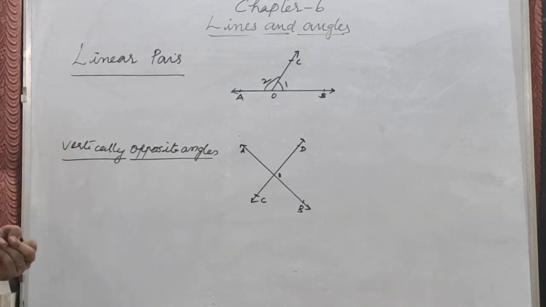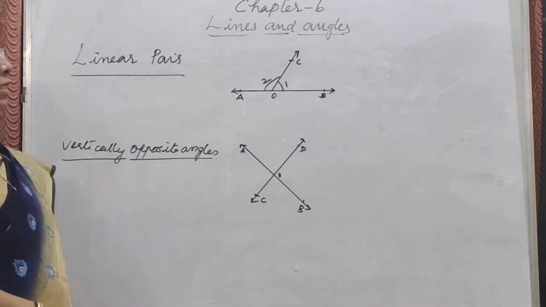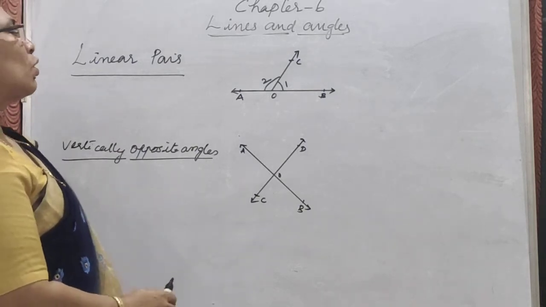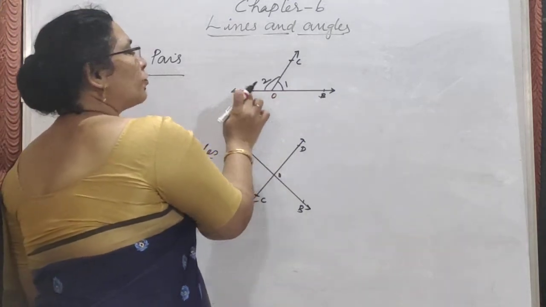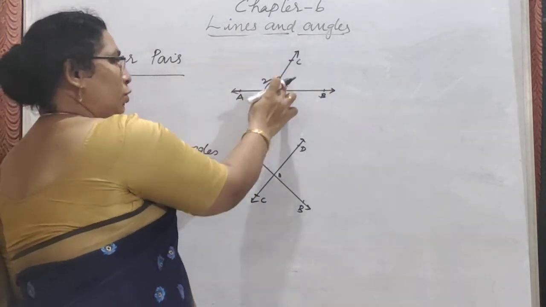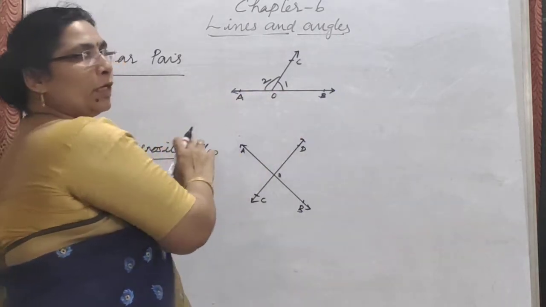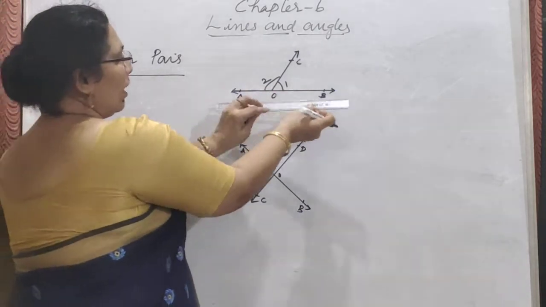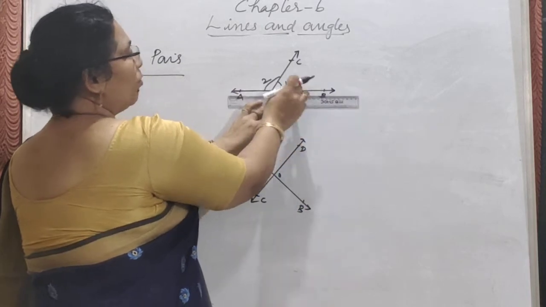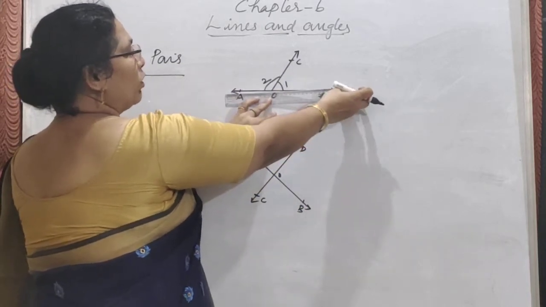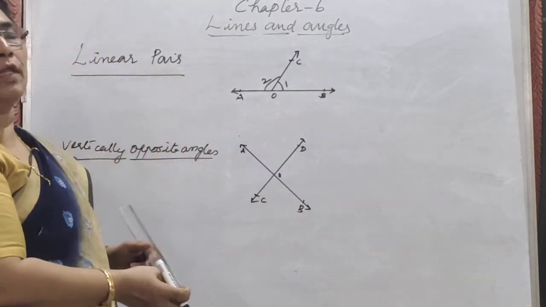Next is linear pair. Linear pair means it should be adjacent angles first. A pair of adjacent angles whose non-common arms form a line. Common arm is there, that is OC, and the non-common arms are OA and OB, that form a line. Line means a straight angle. So the sum of these adjacent angles equals 180 degrees in the case of a linear pair.